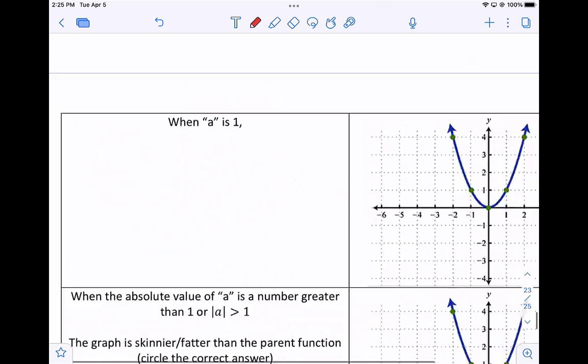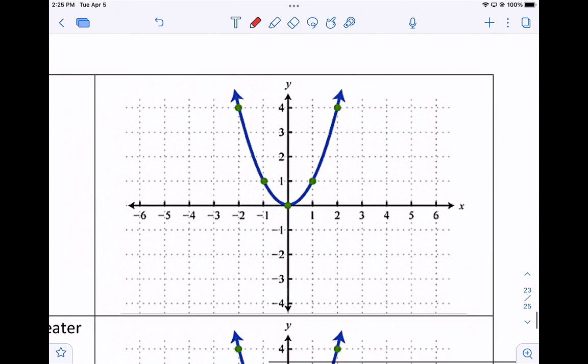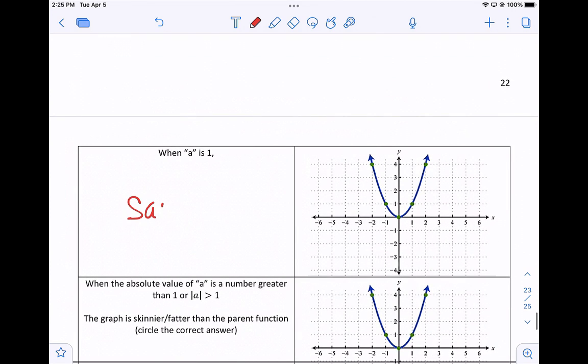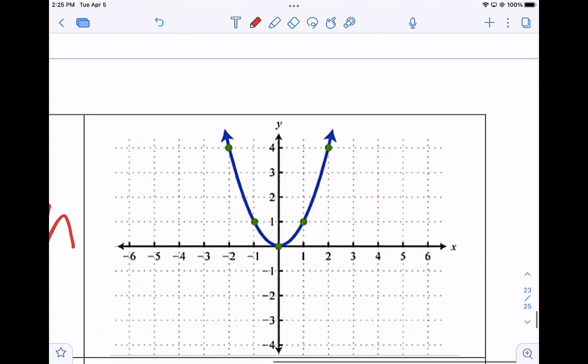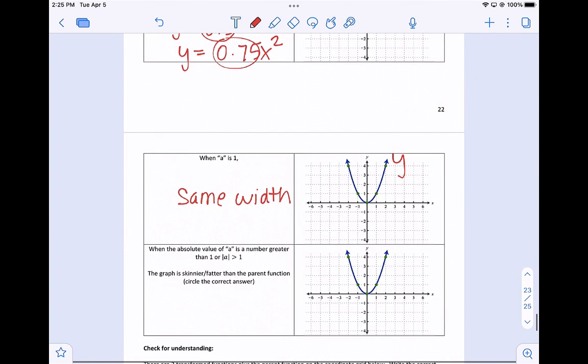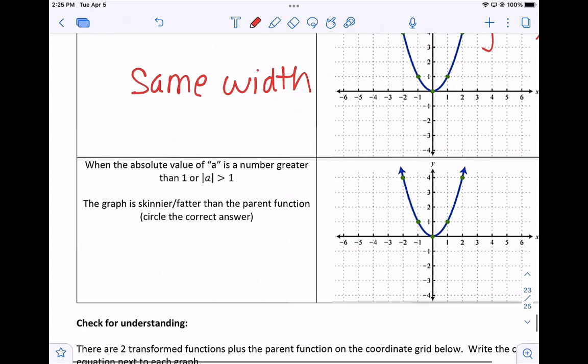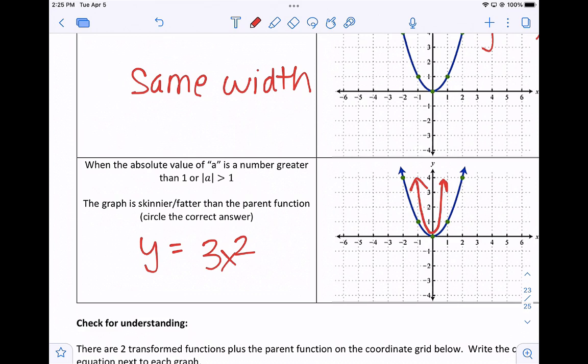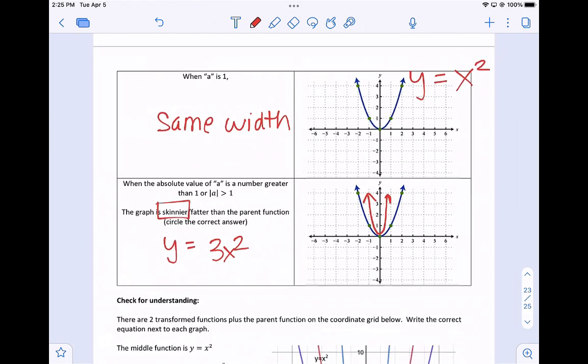And then when the a value is 1, it's the same width as this parent function y equals x squared. And when it's bigger than 1, so if you had like 3x squared, it's going to become skinnier than the original function.